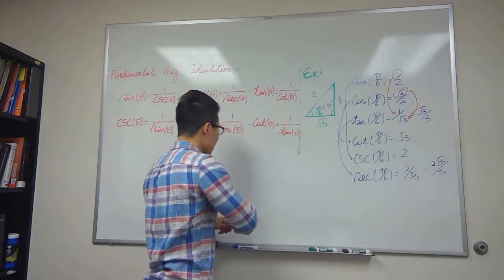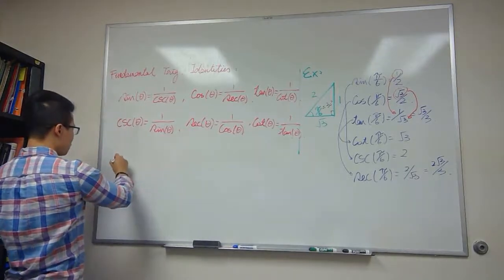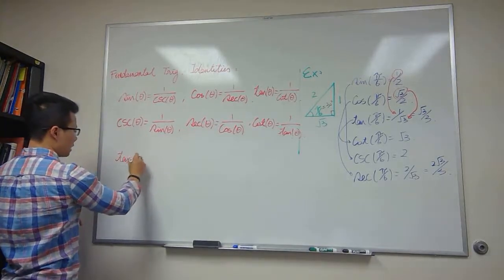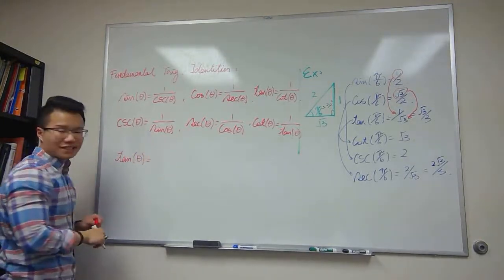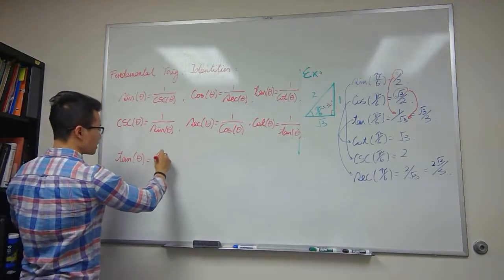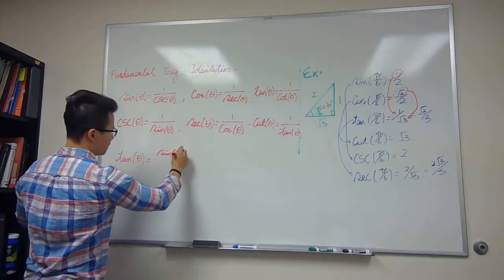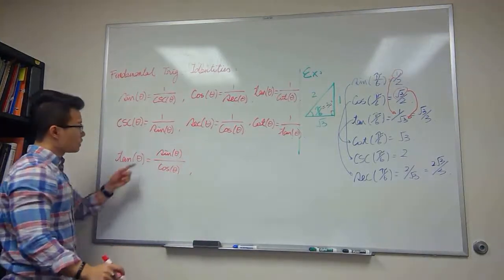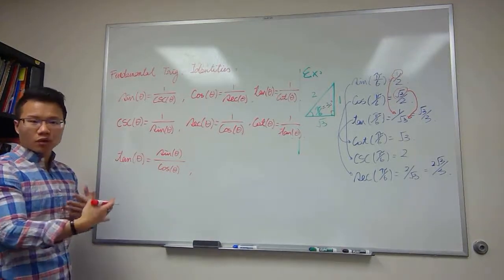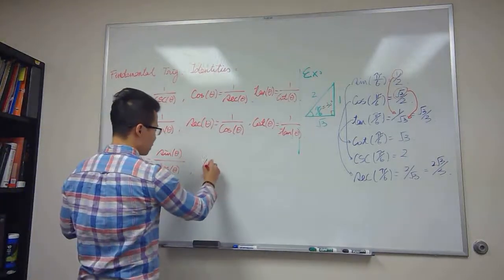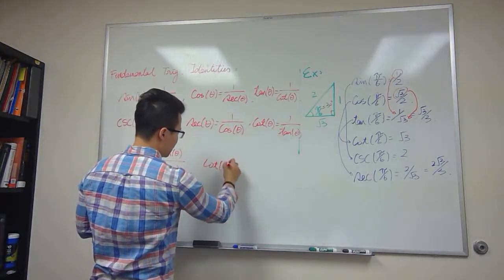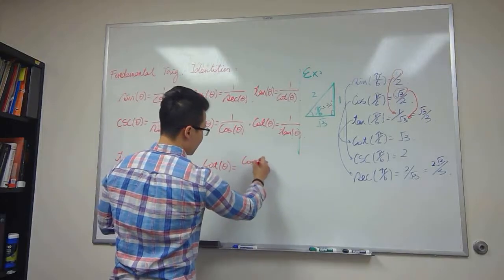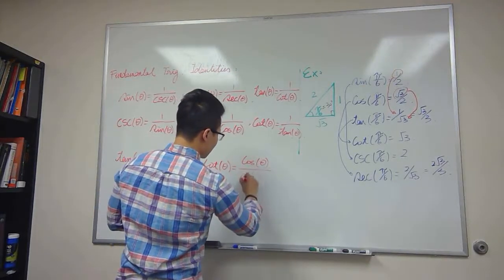So from there, it gives us another pair of identities, which is tangent theta equals sine theta over cosine theta. And since cotangent is the reciprocal of tangent, we can get cotangent theta equals cosine theta divided by sine theta.